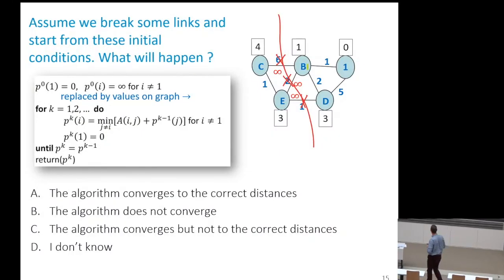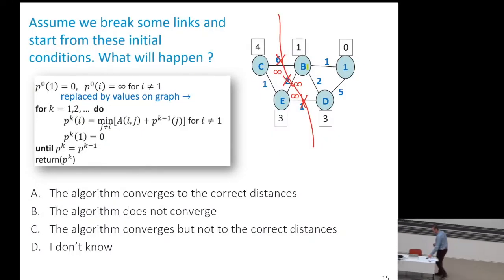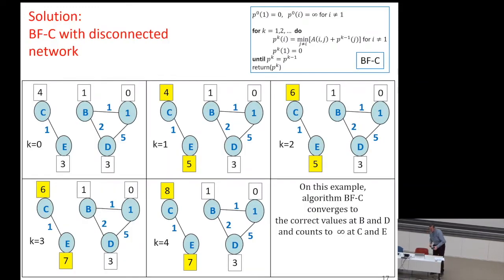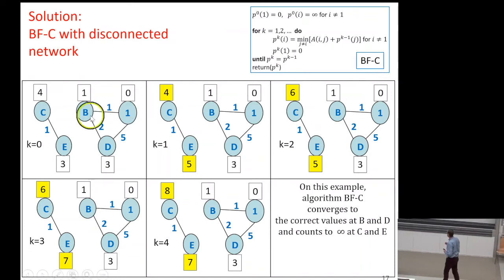And the majority says that the algorithm does not converge, which is correct. Let's see in reality what will happen in this case. So we start from those conditions, then there will be this ping-pong game. C and E talk to each other, and they influence each other, and in every round they increase by 1 here.